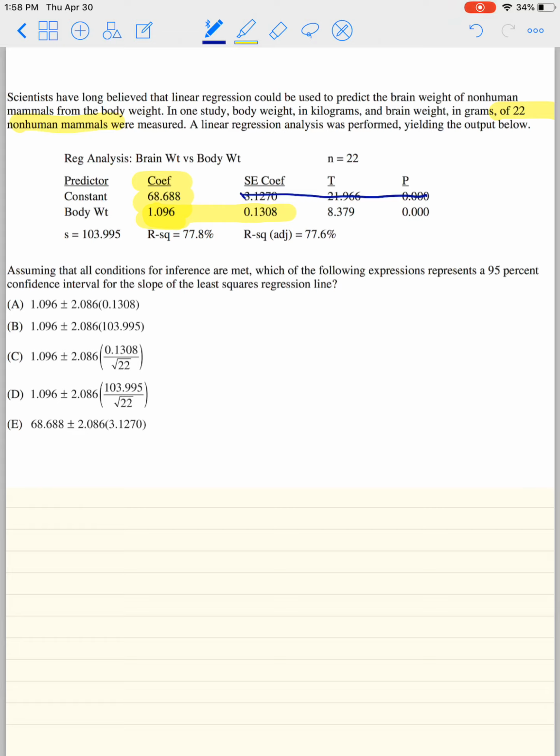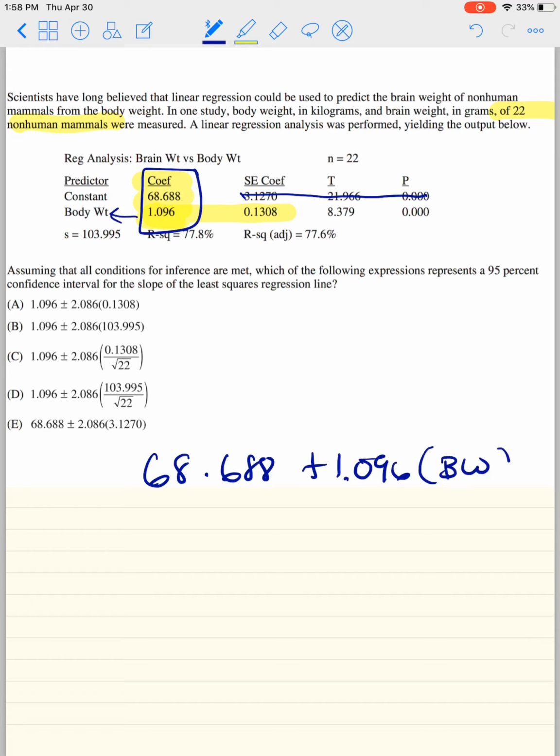Now, how do I write the equation of the line? Just for fun, it's going to be 68.688 plus 1.096, so these two numbers here, and then this is the x all the time, so body weight. And what is that equal to? Well, you can read it in the stem of the problem, or you can just look at it right there. Body weight is x, brain weight is y.